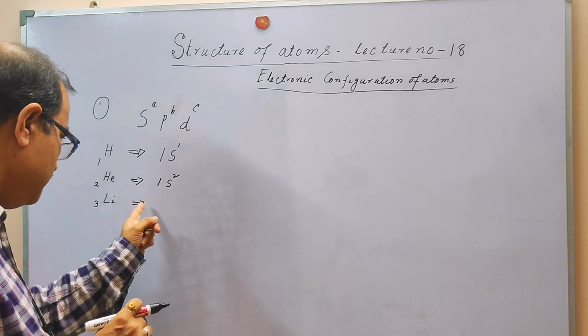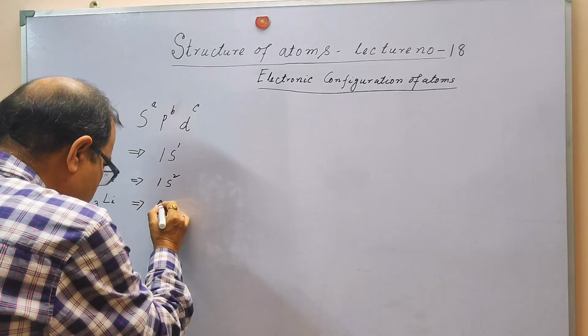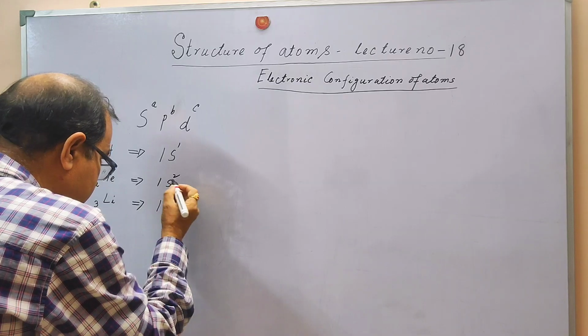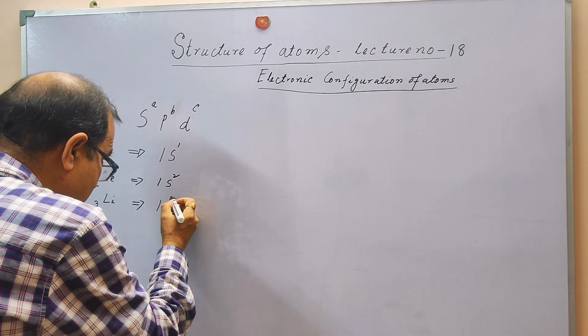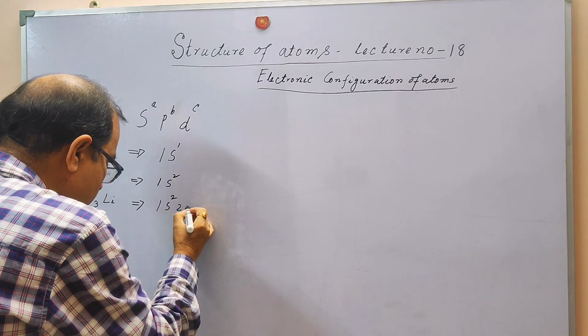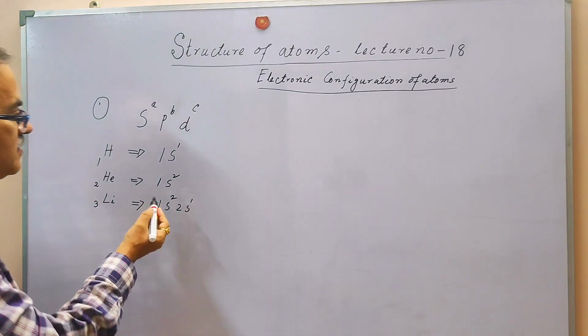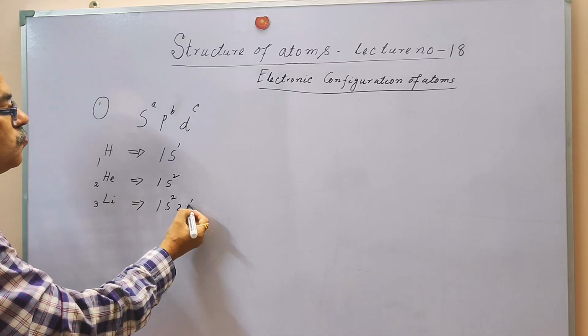So the third electron will be filled in the next energy level available, that is the next orbital, 2s1. So in lithium, you can see that it is 1s2, 2s1.